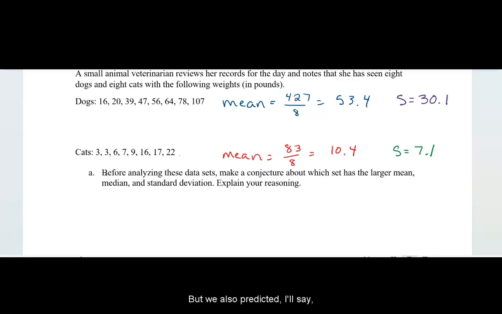But we also predicted that the standard deviation for the dogs is going to be bigger, meaning there's more variability, more spread from the mean, because there's such a large spread of the data values. With the cats, not as big of a spread, and notice we do have a smaller deviation. So it was exactly what we thought.